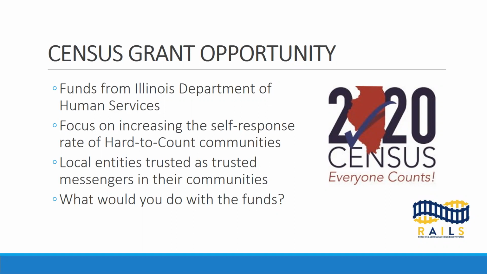Funds will be awarded to community organizations or government entities to serve as central coordinators or regional intermediaries of census outreach efforts. So in turn, awards are going to go to local entities like libraries who are viewed as trusted messengers in their community. So right now, we want to hear from you about what you might do with the funds.